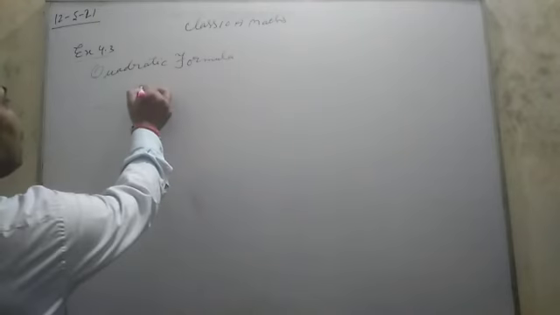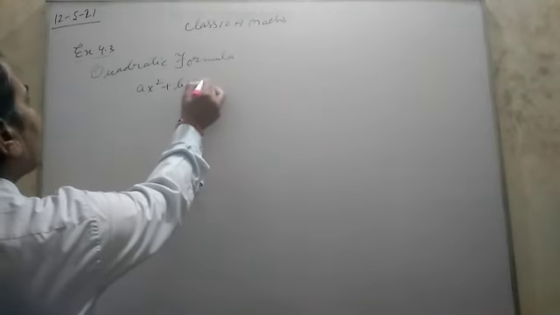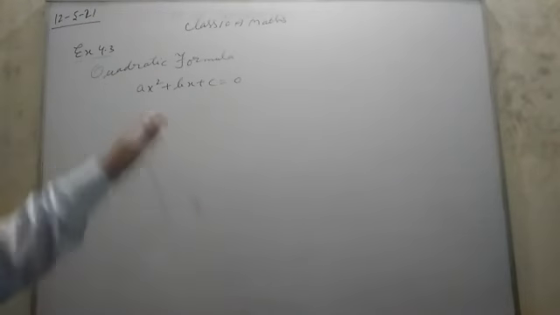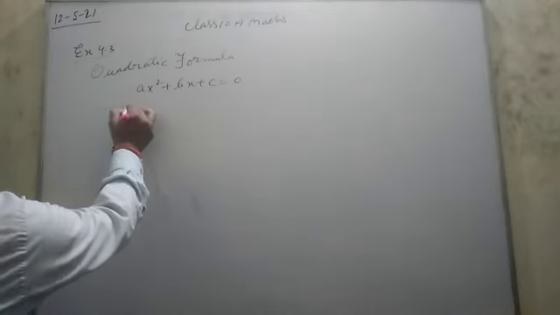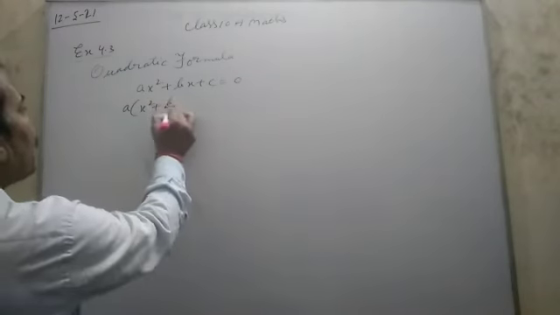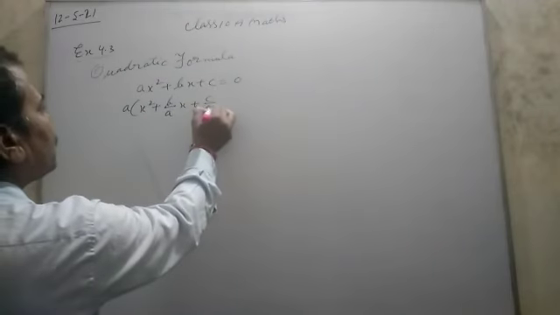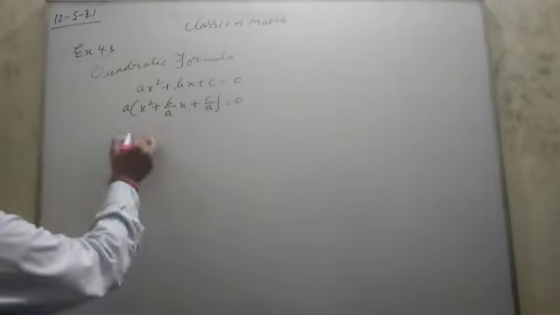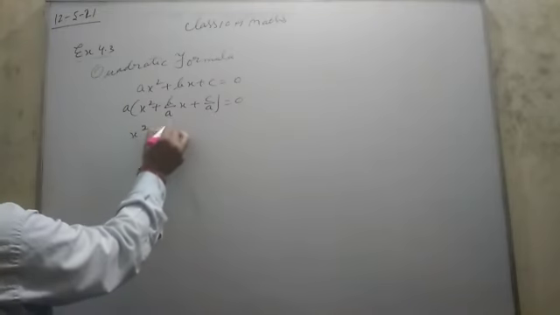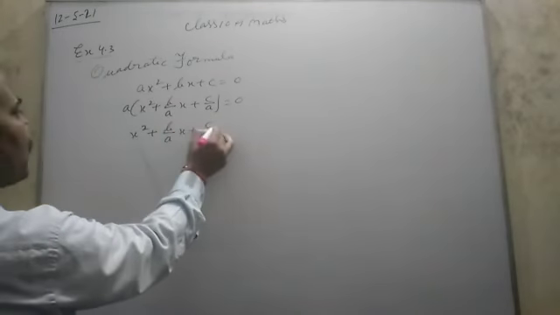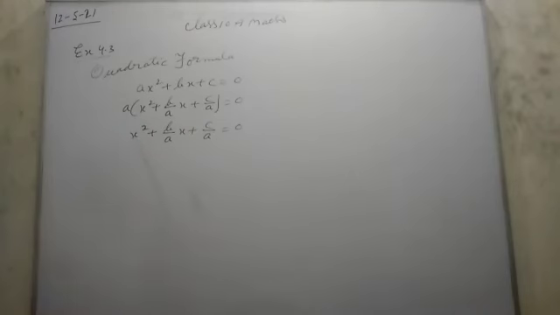So you see what this is. The quadratic equation is ax square plus bx plus c equal to 0, and from here we will find the x value. We will derive it by the completing the perfect square method. Take a common and divide by a, so x square plus b by a into x plus c by a equal to 0.